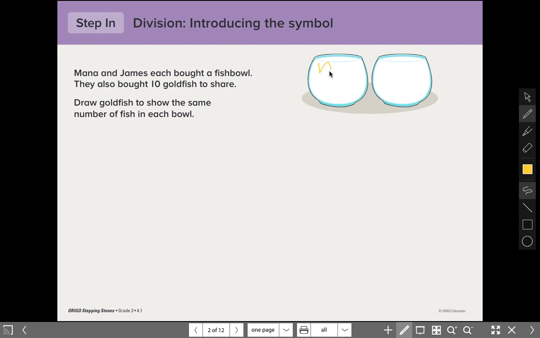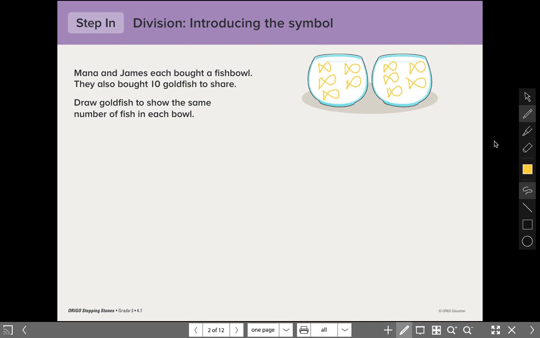Okay, so I draw 1, 2, 3, 4, 5, 6, 7, 8, 9. Boy, there's a lot of talking in here. 10.